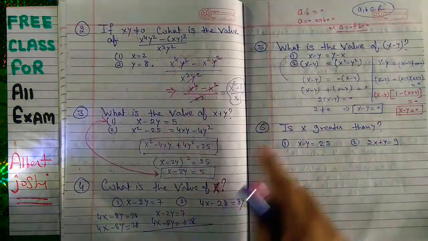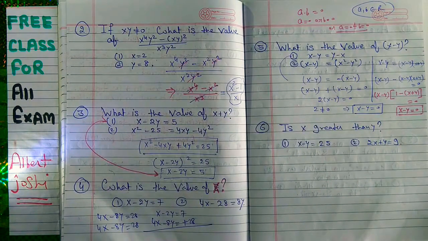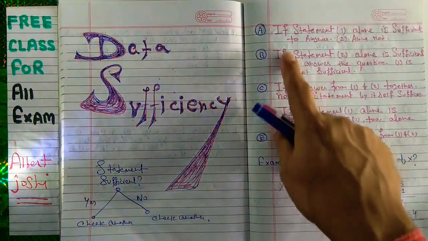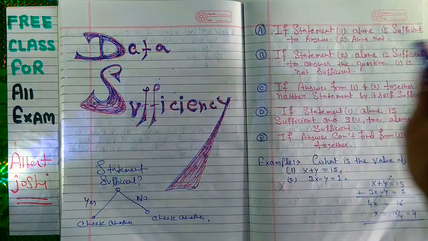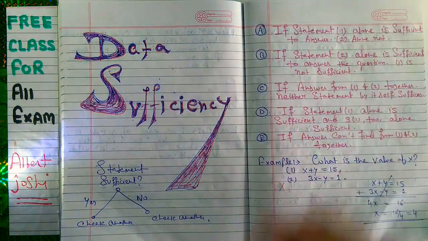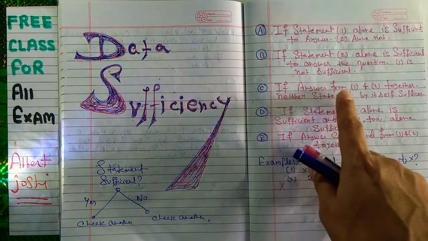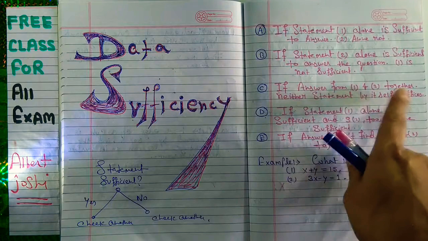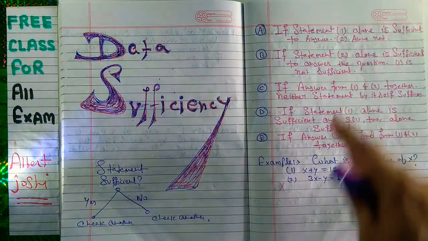So what is statement 2? So what will be your answer? Now read. Your statement 1 alone is sufficient to give your answer. Your statement 2 alone is also sufficient to give your answer. The answer from first and second together, no, this is not the answer, not together, only one can give you the answer.